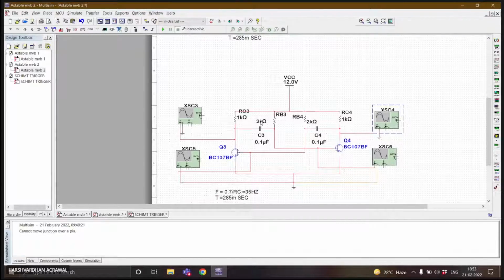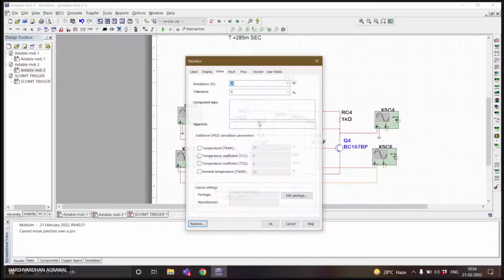But you are getting a constant voltage, right? Yes, ma'am. That is some other issue. Ma'am, should I reduce it more? I'll reduce it to 0.5 kilo ohms.